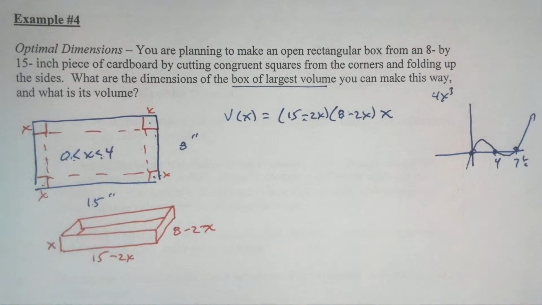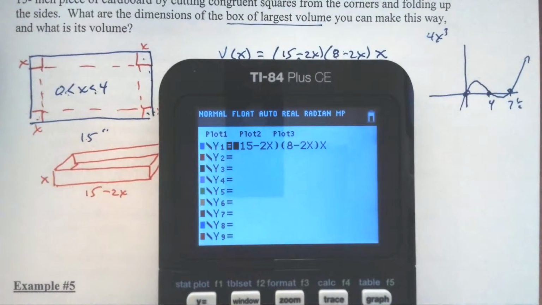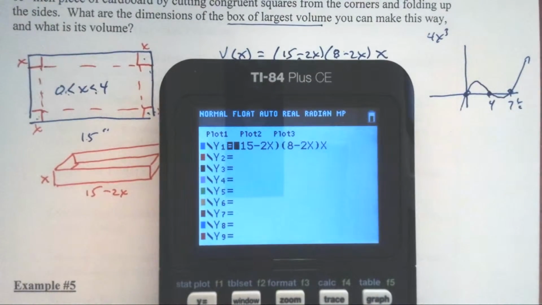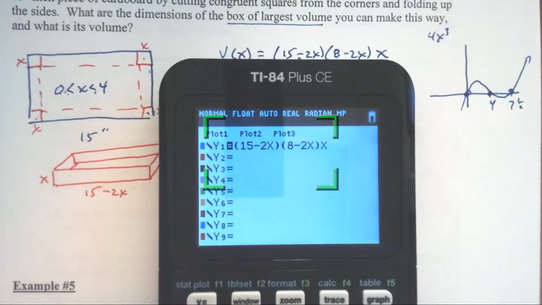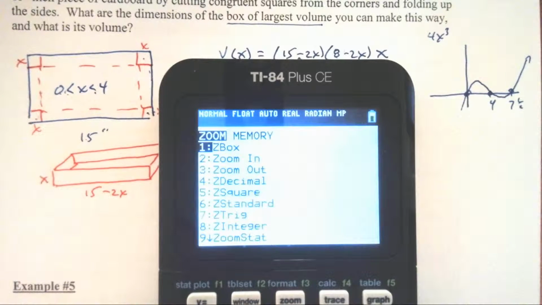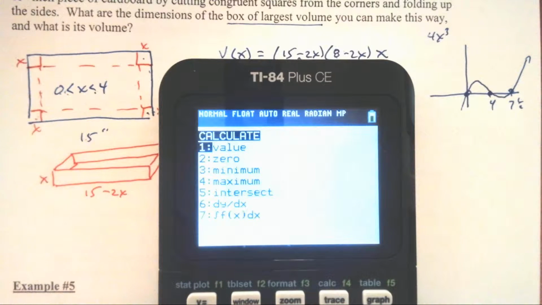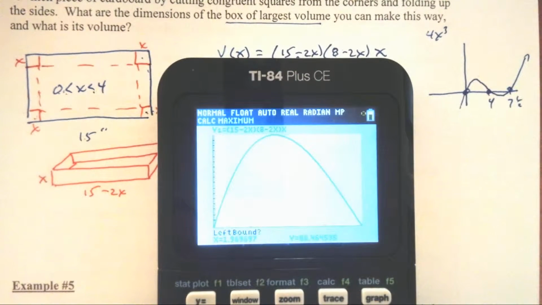So when I go to graph this guy, I'm going to go window first, 0 to 4, and then I'm going to zoom fit. That is zoom 0. Just hit 0, and here's our zoom fit for this function. The height represents our volume, so second calculate, the max is what we're looking for.